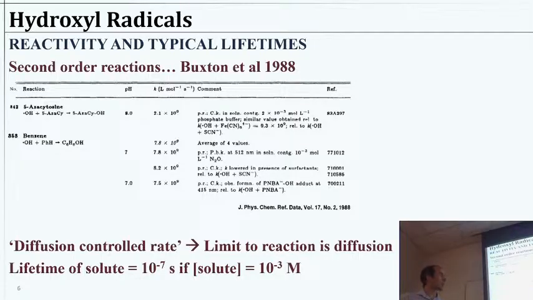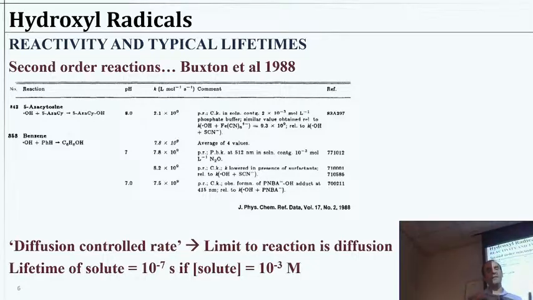One note here is, considering all of that, we often run into what's called a diffusion limited rate. This refers to the situation where your radical is reacting so quickly that the effective rate at which the reaction proceeds is simply limited by how quickly they diffuse to meet each other, the radical with whatever else it's reacting with.